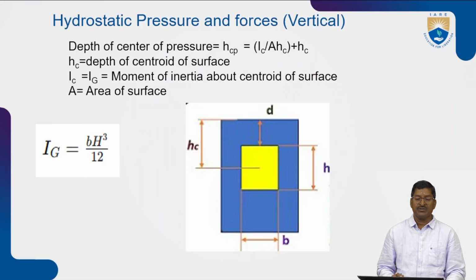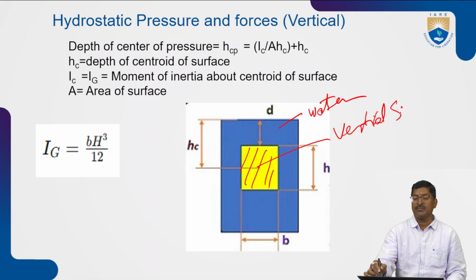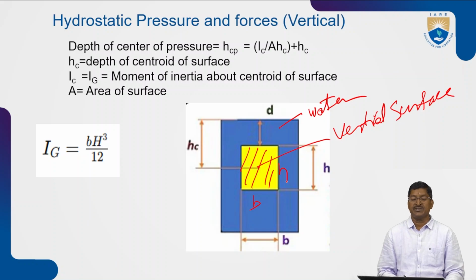Okay, so you can see the fluid now. This blue color is the water. This yellow color is a rectangular vertical surface. Its width is small b and its height is small h here.